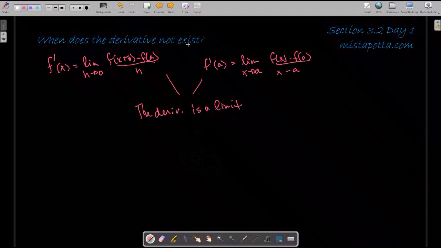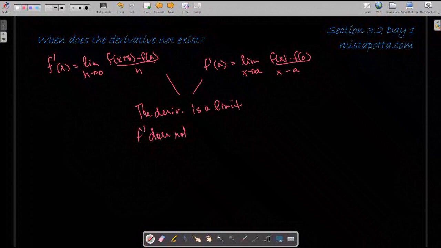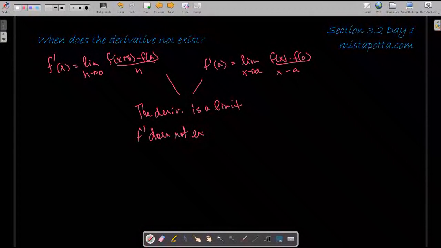And so if I want to know when the derivative does not exist, I basically have the situation where f prime does not exist when the limit does not exist.